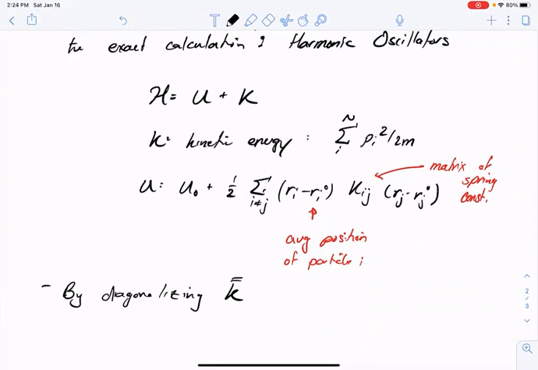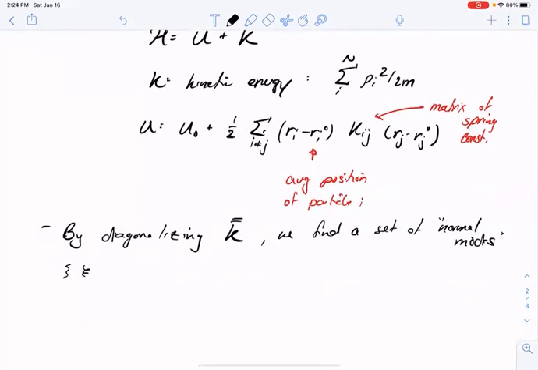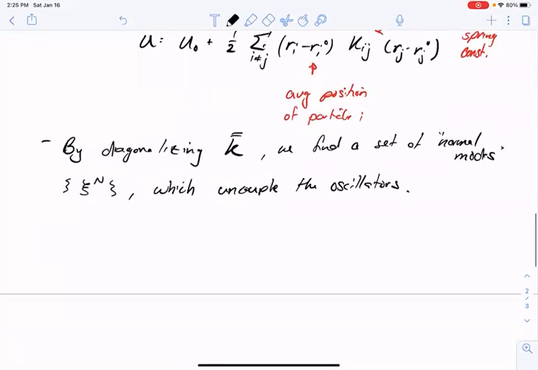call them C, which subsequently uncouple the oscillators. Allowing us to write the Hamiltonian in terms of those normal modes.